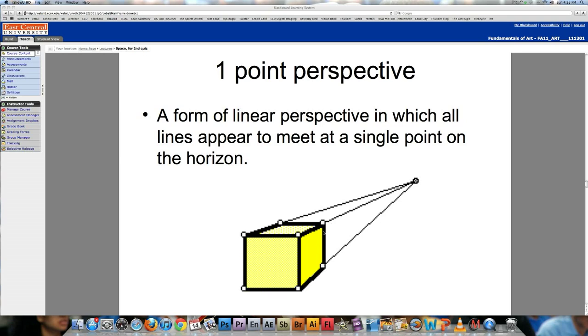And then this line here, the back edge of the cube, has to be parallel with this edge because it's a cube. So this line doesn't have anything to do with the vanishing point. It's just these lines that recede, and they are parallel with each other. Okay, so we know that from this one vanishing point, you can make these 3 lines right here. This line, and this line.